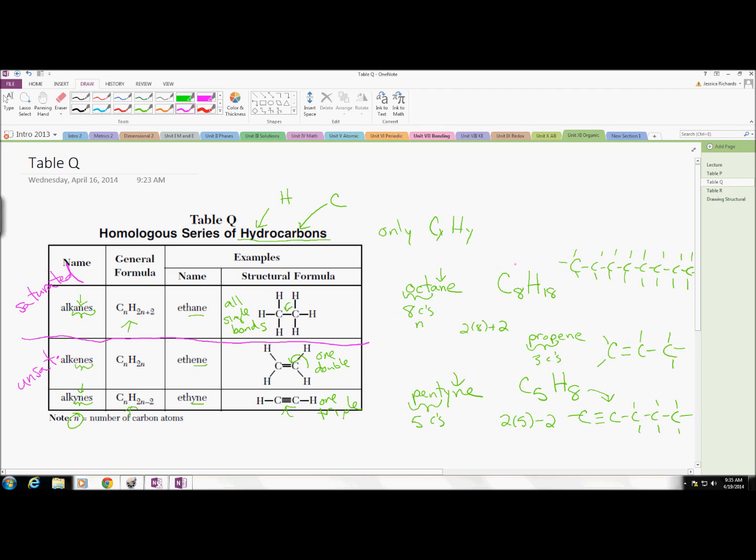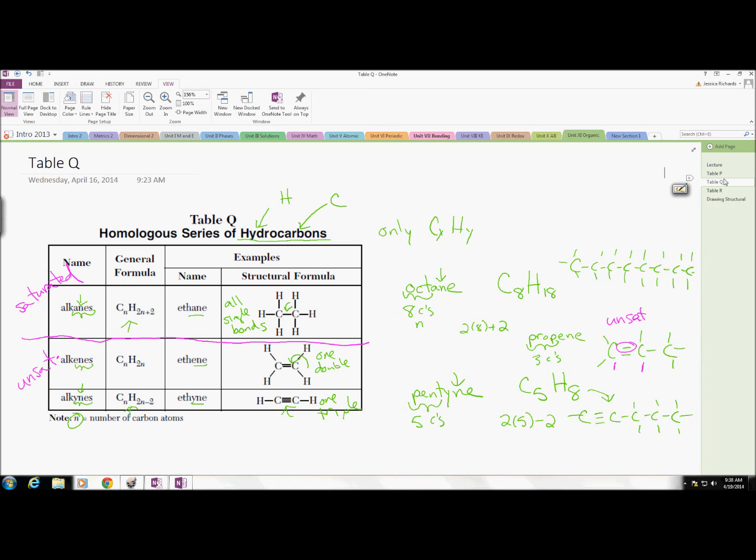What that means is they don't hold the most hydrogens they could. If I took this propene and I broke this bond, I could add an extra hydrogen to that molecule, so that makes this unsaturated because it could hold more hydrogens. On this guy, there's no way to add more hydrogens because they're all single bonds. So mark that on this reference table.